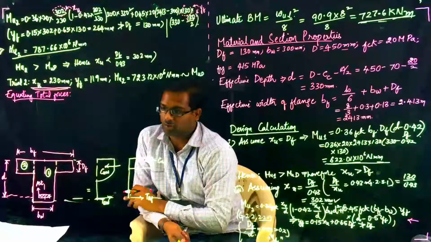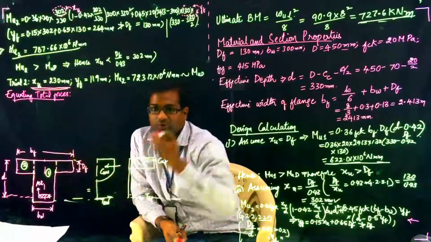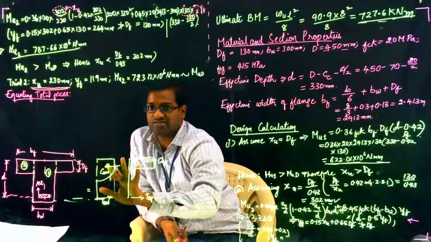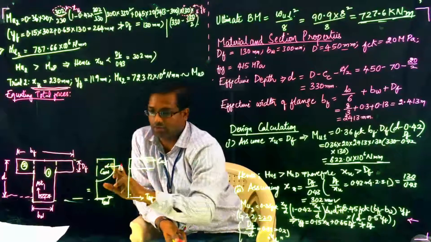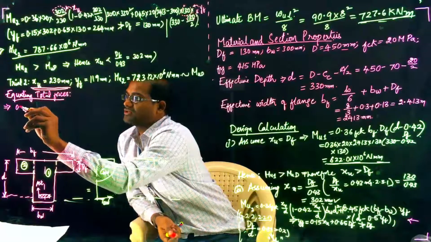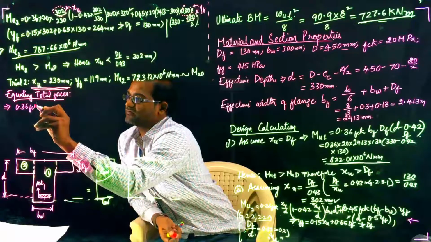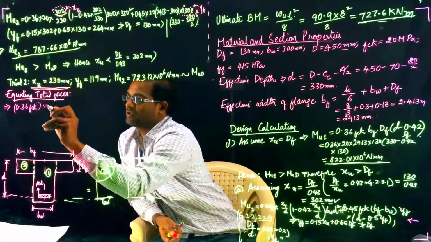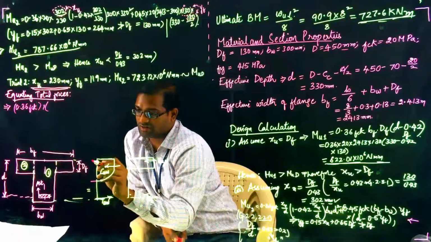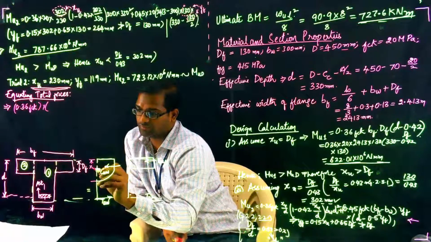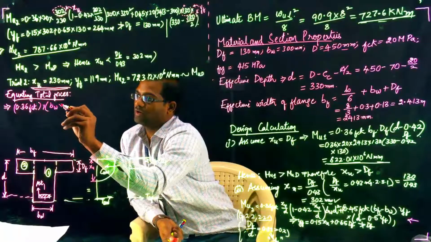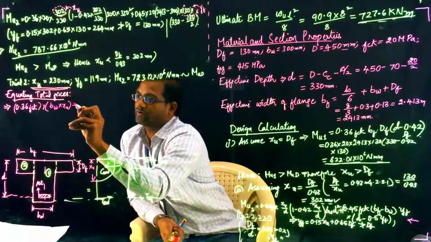First I'll write down CUW. CUW is this rectangle portion. This force is stress into area. The stress is 0.36 FCK, and the area is this cross section within XU, BW into XU, which we have calculated.